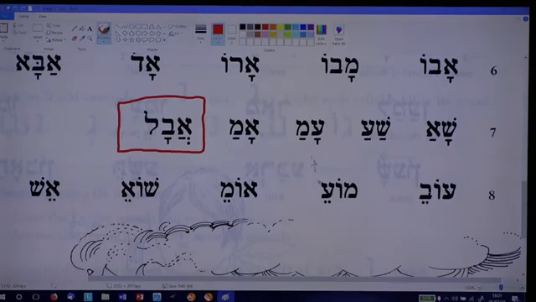Actually, it's a vowel. You'll see under this Aleph, this vowel has a name, and you don't need to know what it is.